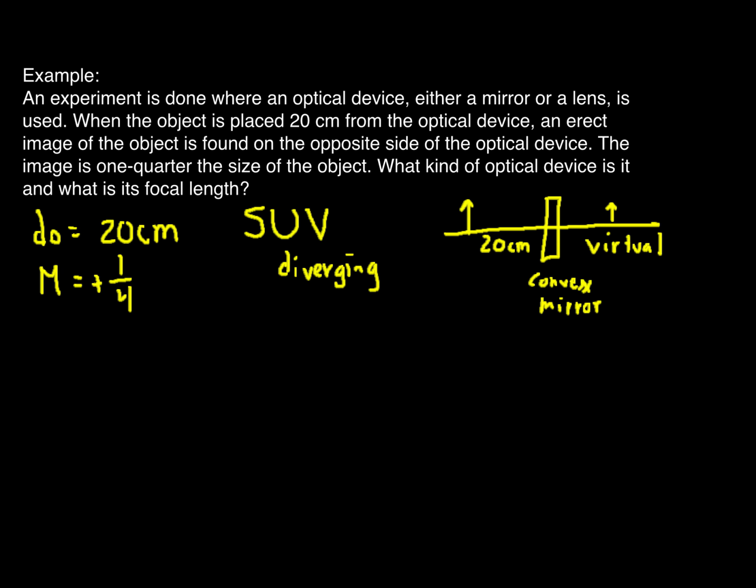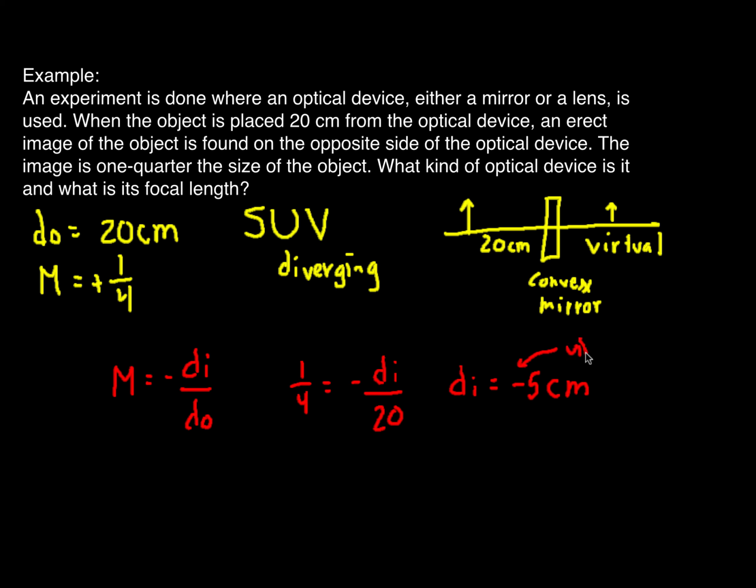But we can do some calculations to confirm this. We'll start with the magnification formula. Magnification is equal to negative DI over DO. So 1/4 equals negative DI over 20. This gives us DI equal to negative 5 centimeters. The negative tells us that it's a virtual image.